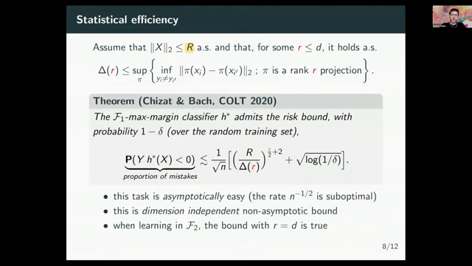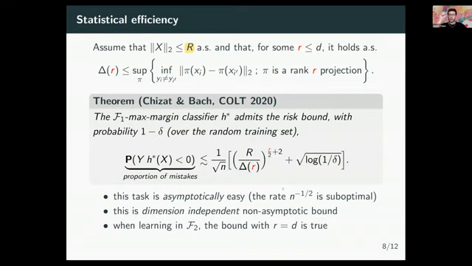And so we can give the following generalization bound, which follows from standard margin-based generalization bounds, as well as some approximation results with the F1 norm. We can show that the F1 max margin classifier admits the following risk bound. After seeing n samples, it is bounded by 1 over square root n, so this is a standard rate, multiplied by the difficulty of the task to the power r.